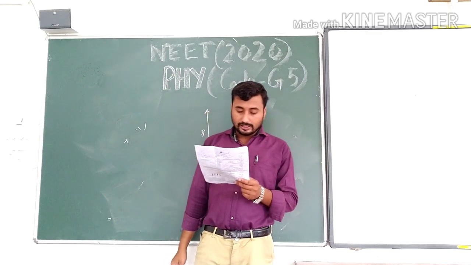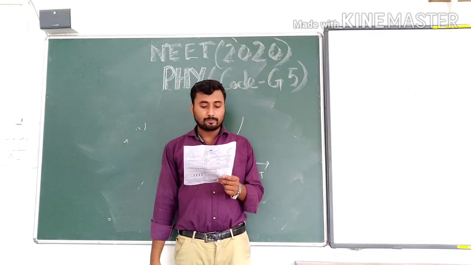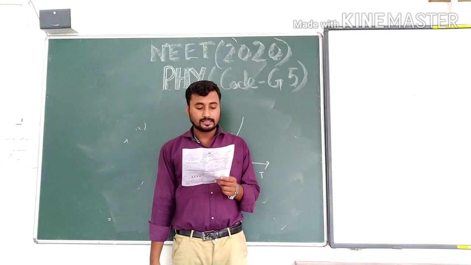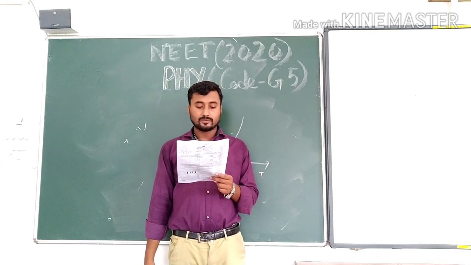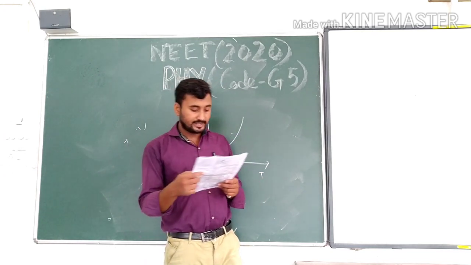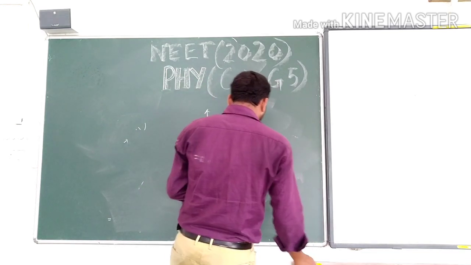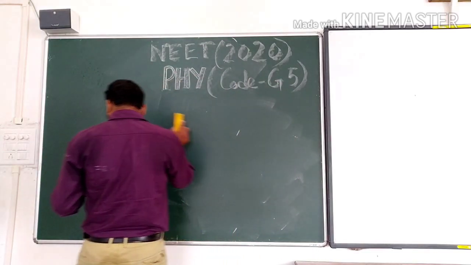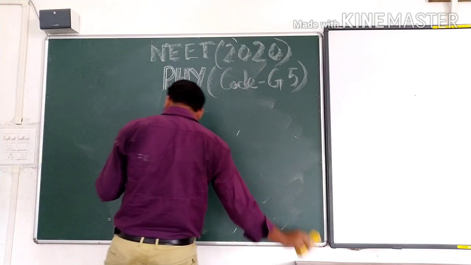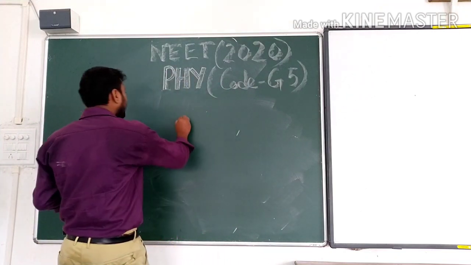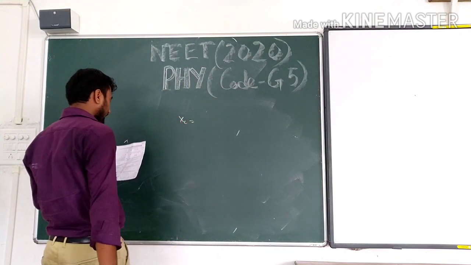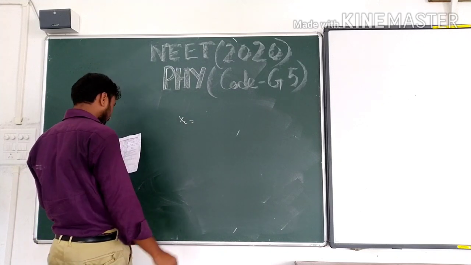Next, a 40 microfarad capacitor is connected to a 200 volt, 50 Hz AC supply. The RMS value of the current in the circuit is nearly? So first of all, find out XC, the capacitive reactance.